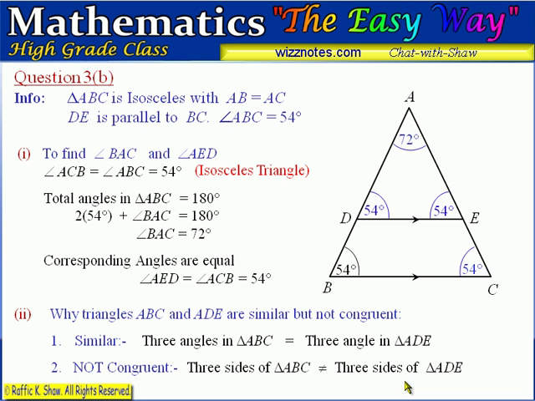Let me repeat. Congruent triangles must be equal in every way, meaning they must have equal angles and equal sides. Similar triangles can have different sides, but they must have equal angles. Different sides in terms of the length, but they must have equal angles.